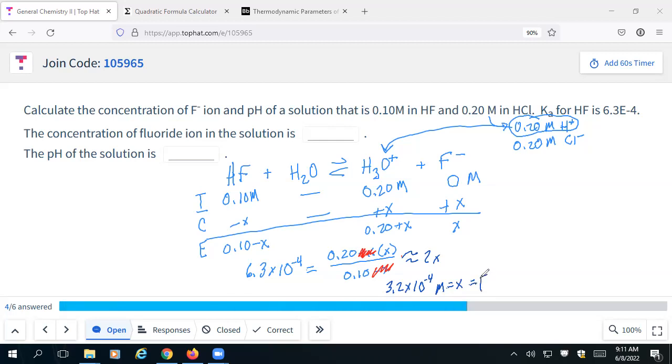And that would also be our fluoride concentration.